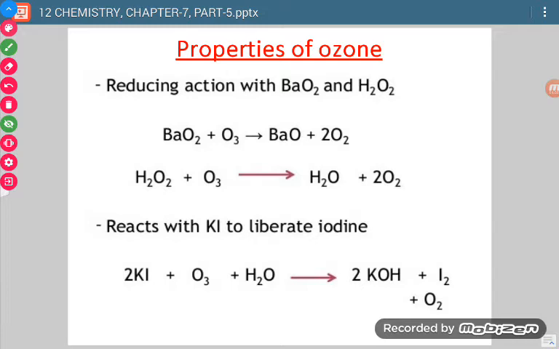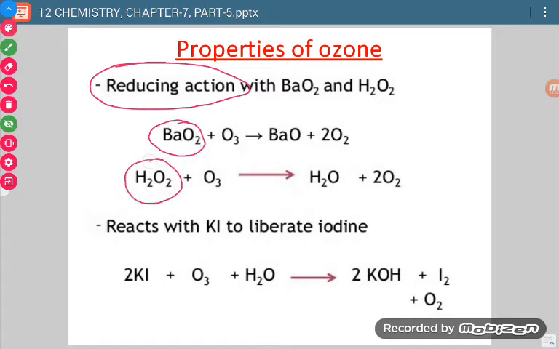It also shows reducing nature, meaning it has oxidizing as well as reducing nature. If we react peroxides like barium peroxide or hydrogen peroxide with ozone, they are reduced to their respective oxides, just like BaO or H2O is formed.